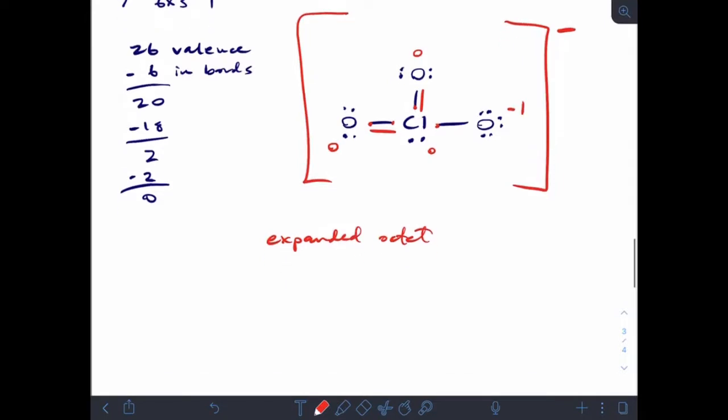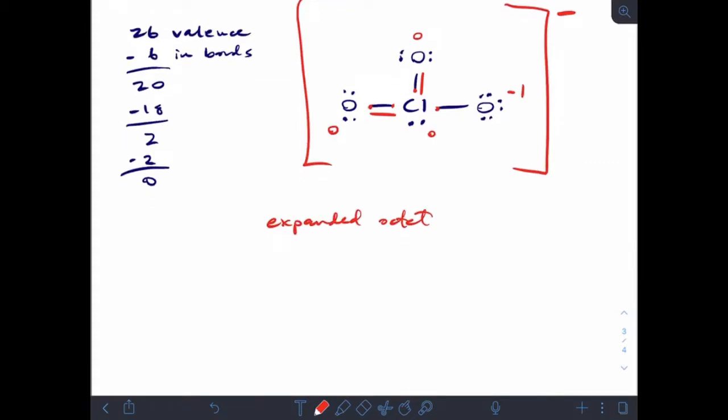Right, now this also gives us a chance to look at resonance. Okay, so resonance, for purposes of our Lewis drawings, is when you have more than one correct Lewis drawing. Okay, so right now I have the double bonds on the top oxygen and the left-hand oxygen.